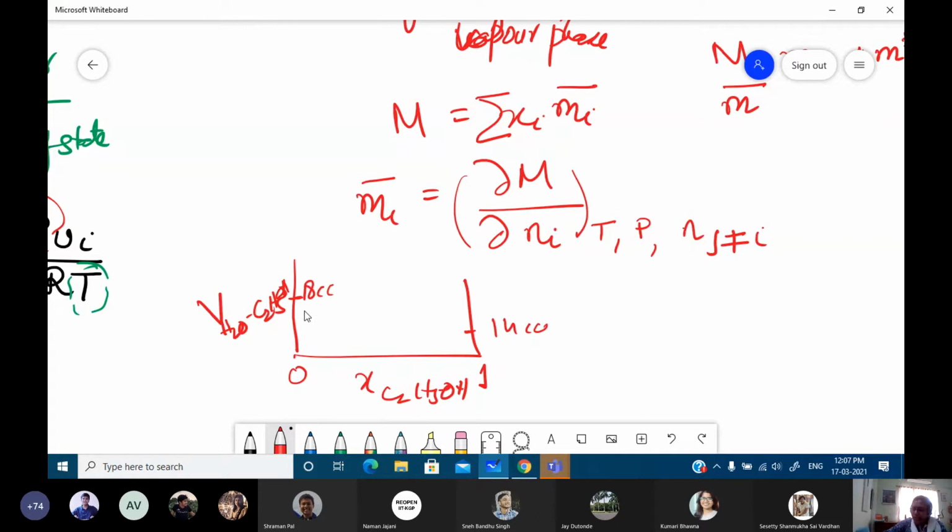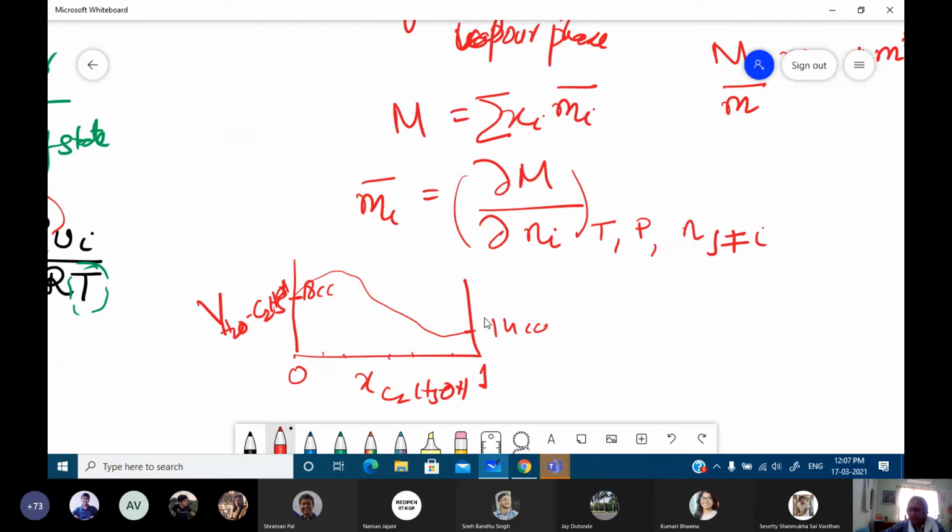So for any other intermediate composition, the change in property by adding 1 mole of water to an ethanol water mixture is going to vary. The variation is something of this sort. It is not even a straight line. The variation is extremely erratic.